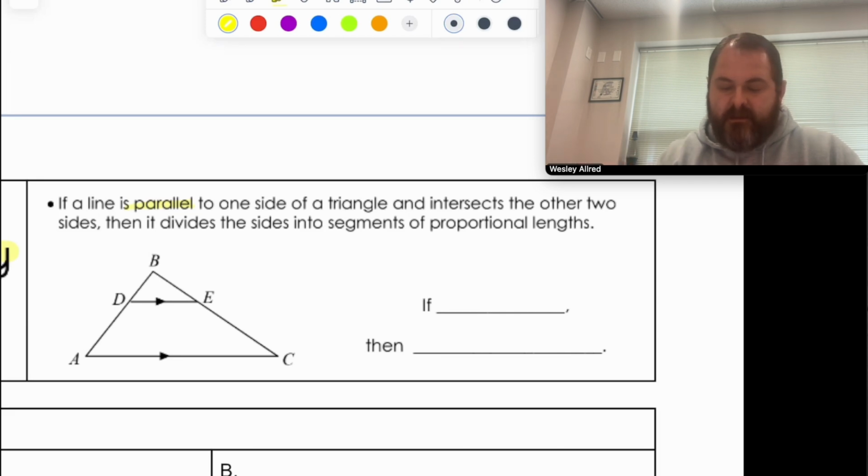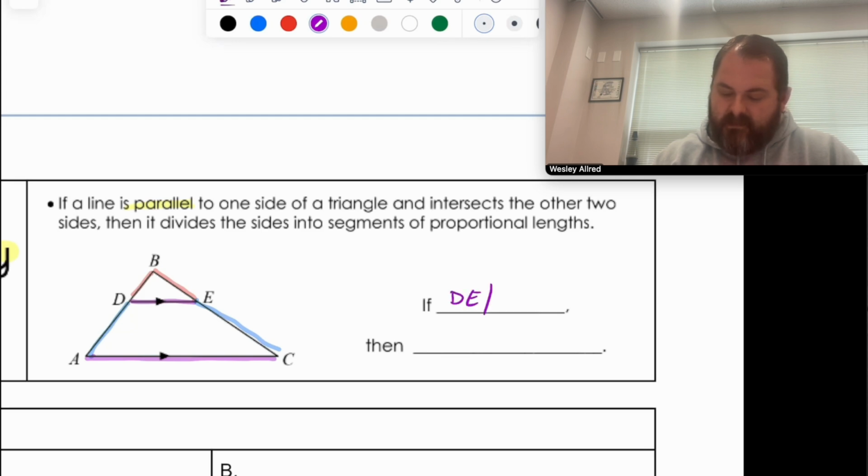So once again, these lines are parallel. Okay, we have the parallel lines here. What it does is it splits these opposite sides into proportional segments. So if I know that DE is parallel to AC, that means I have a ratio of proportion.